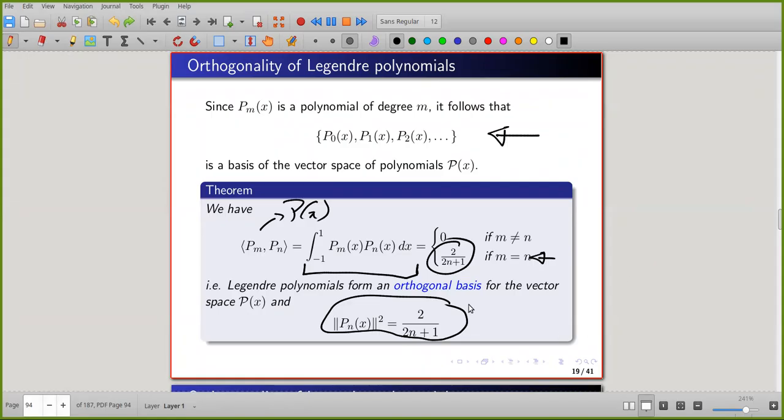Well, on slide 19, the word maximal will not add anything, because we already know that P0, P1, P2, dot dot dot is a basis for P of X. So slide 19 is good as it is. The term maximal orthogonal is used when we have an orthogonal set which is not a basis. On this slide, however, this orthogonal set is a basis for the space of polynomials. So I hope this answers Utkarsh's question, if he's still around.